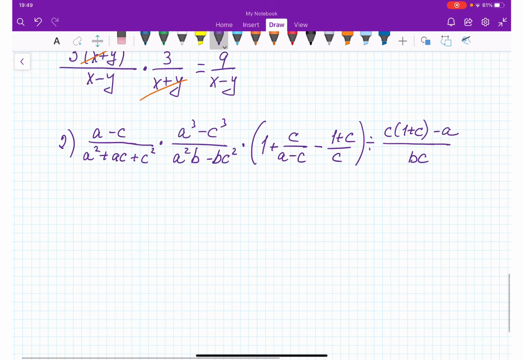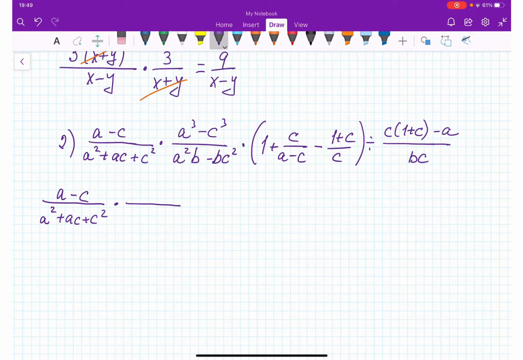Okay, let's solve it. So what do we have? (a − c)(a² + ac + c²), right?